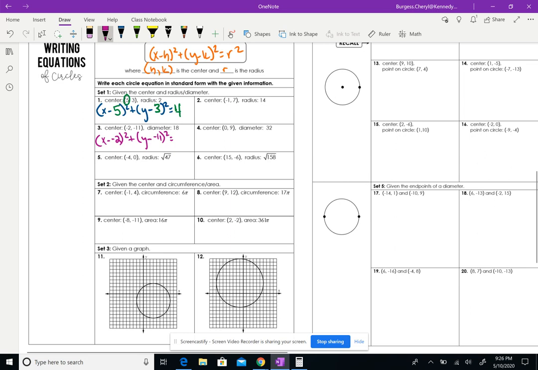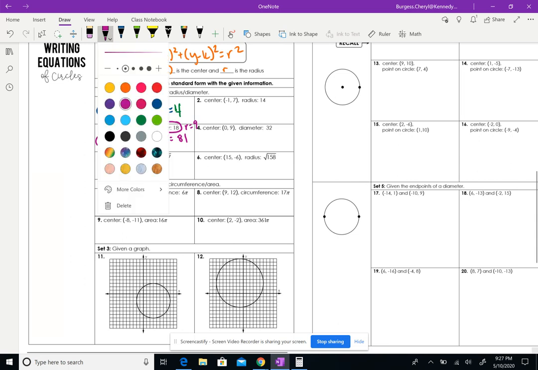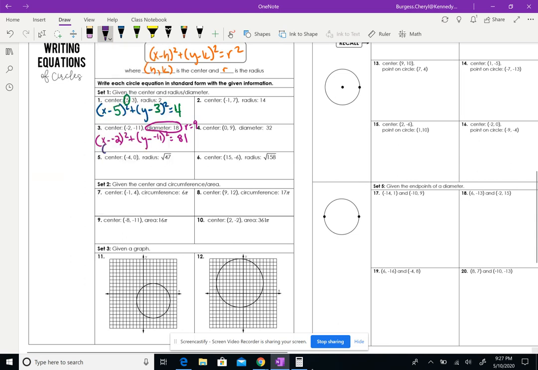Our diameter is 18. Ooh, they tried to trick me. So our radius is 9. So the 9 squared is 81. Okay, so let's rewrite it so it looks better. That's x plus 2 squared plus y plus 11 squared equals 81.